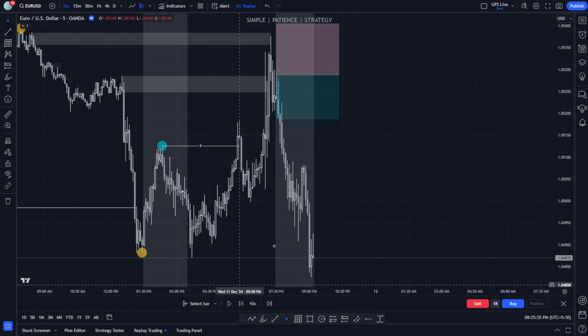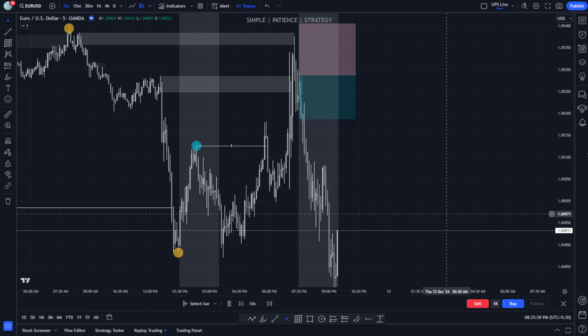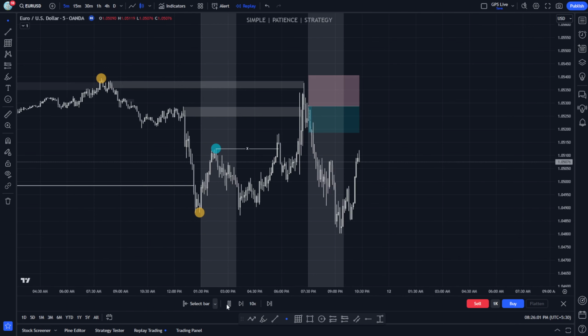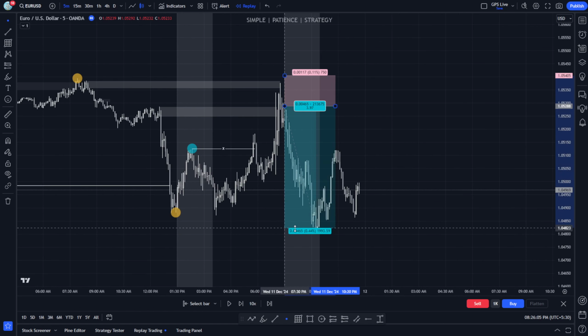The highlighted part, the white background, means my session has started and my session has ended. So obviously this is a winning entry, and it has gone way over 2.1 RR. 2.1 RR is the place where I close all my trades. I use it as a fixed TP, but obviously the market has given us far more than that.